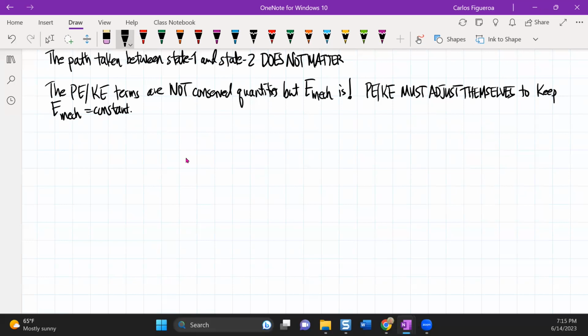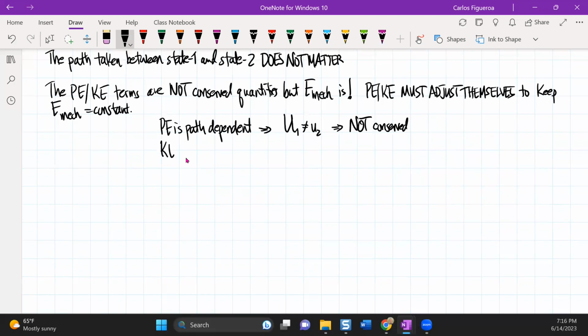In a little bit more detail, we could then say that potential energy is definitely path dependent. And the reason why it's path dependent is that when I compare the potential energy at state one, that is clearly not the same as the potential energy at state two. Therefore, it's not conserved. It's not a conserved quantity of the motion.